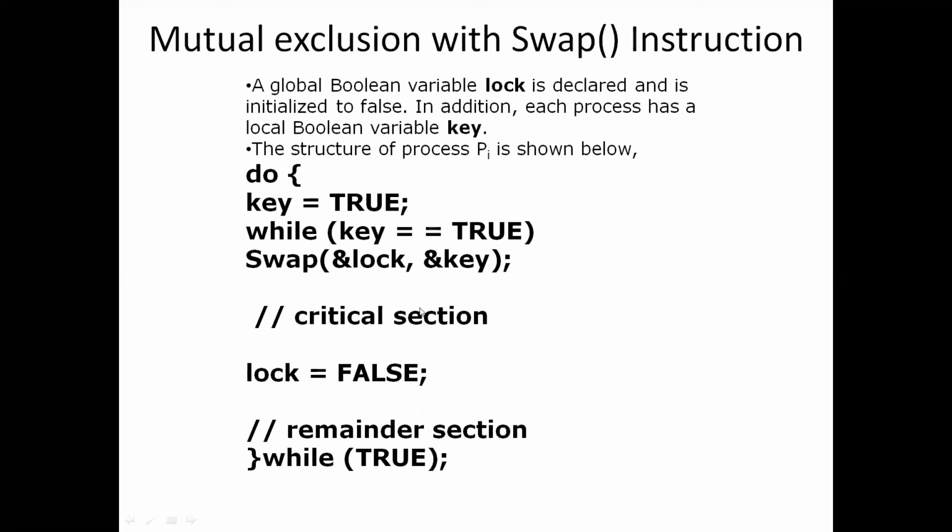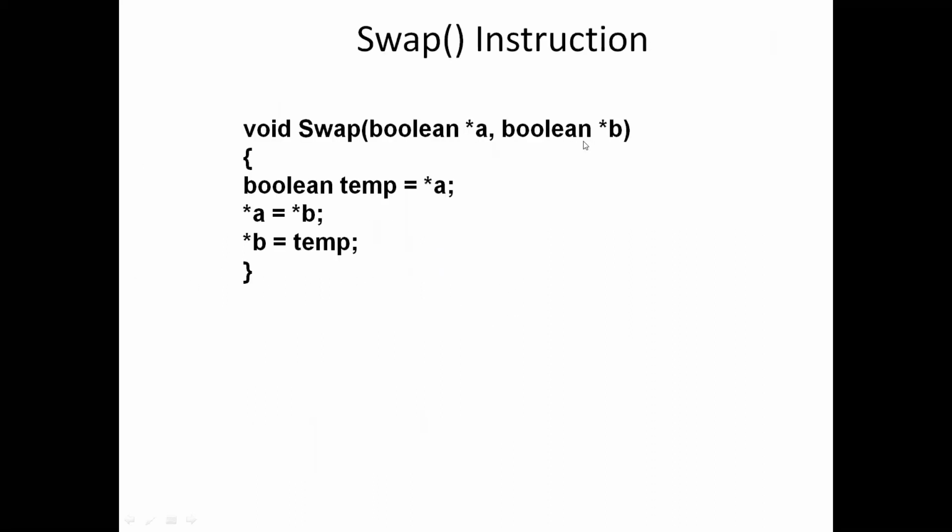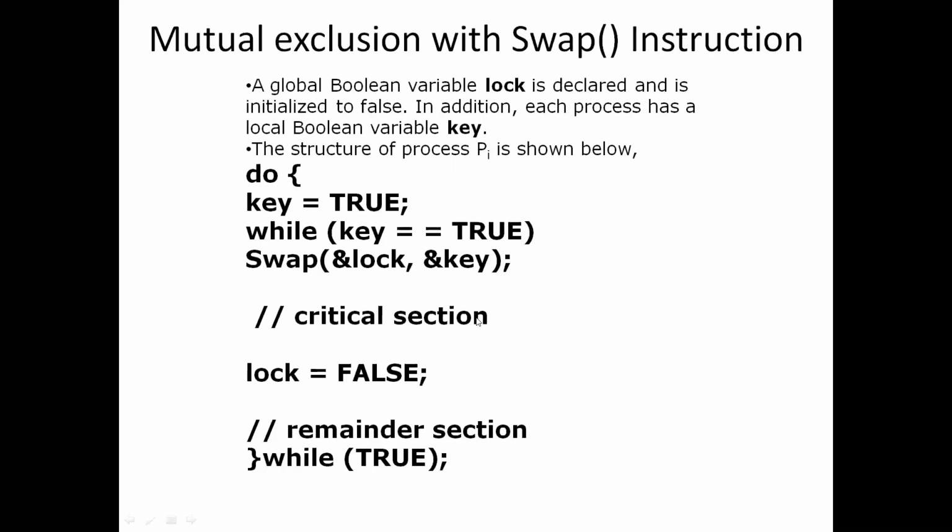If any process is executing in the critical section, at that time what is lock? Lock will be held true. Lock will be true and key will be true. So the swap instruction will be executed. If both are having true and true, after swapping also a holds true and b also holds true. Control will go here and check whether key is equal to true.